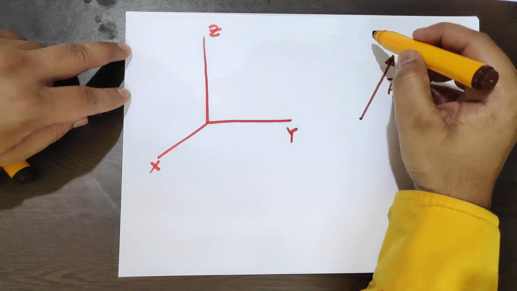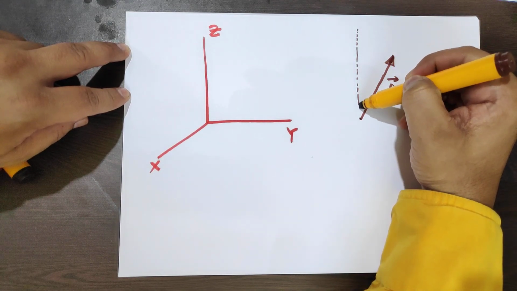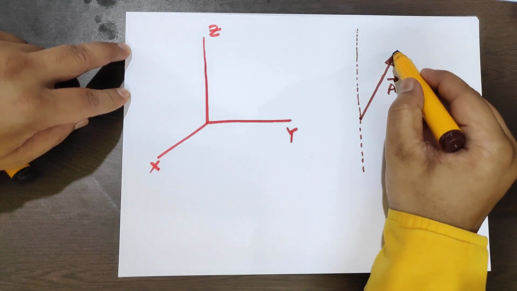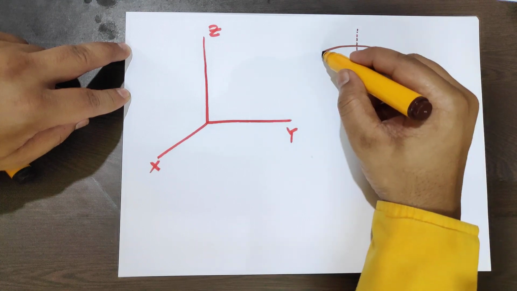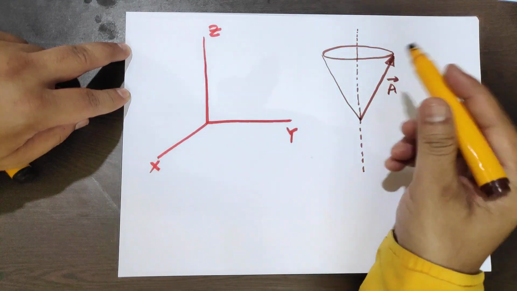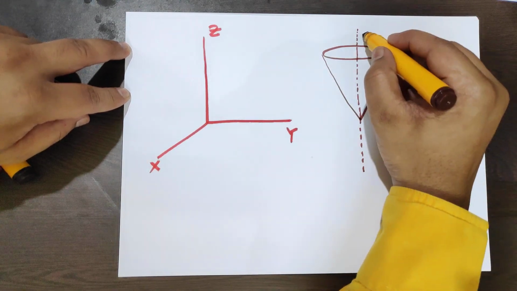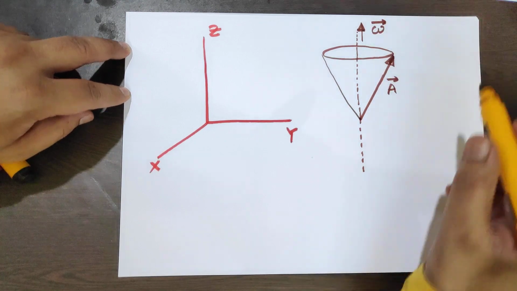Right? Now as it is spinning with the given angular velocity, it rotates like this, forming the slant surface of a cone. This angular velocity vector is upward.